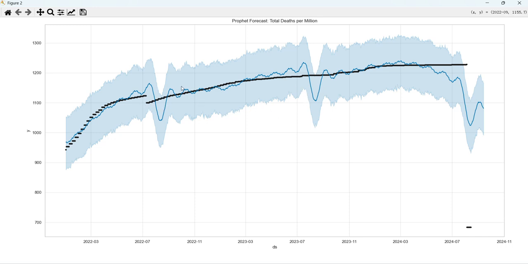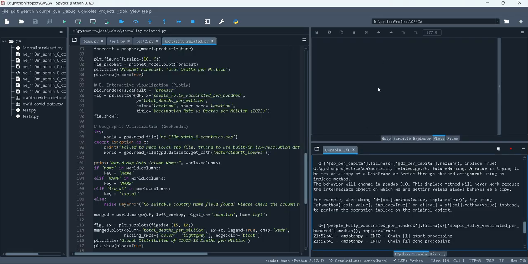I don't know why these things happen, and the forecast indicates no significant upward or downward trend in global mortality over the next 30 days. We can see the lines always stay stable in these days. And now turn to the next graph.